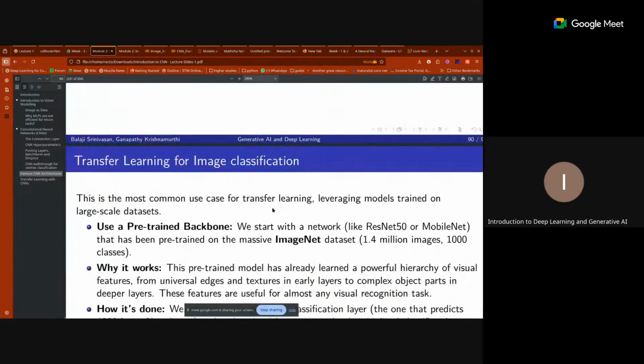As I said about the segmentation models, they were pre-trained. Segmentation has this whole new CNN architecture called U-Net. U-Net also involves an operation called deconvolution.